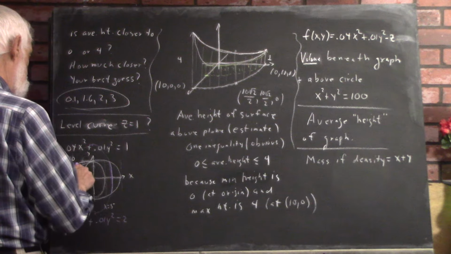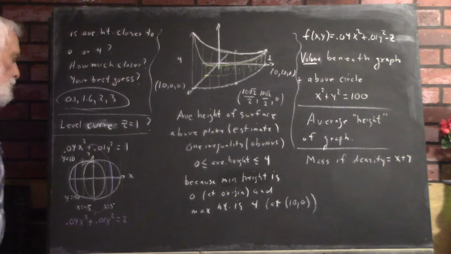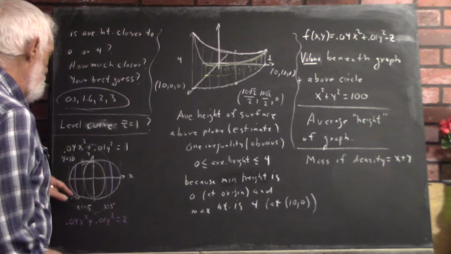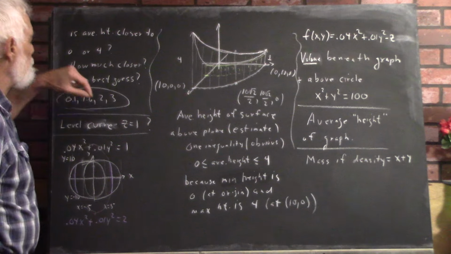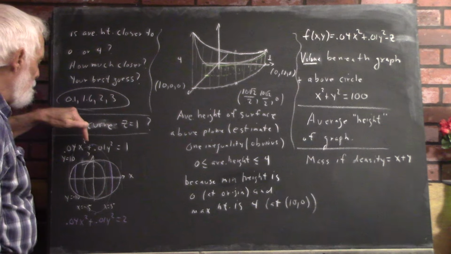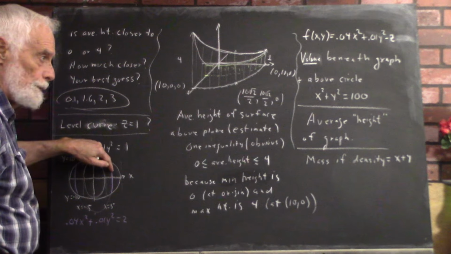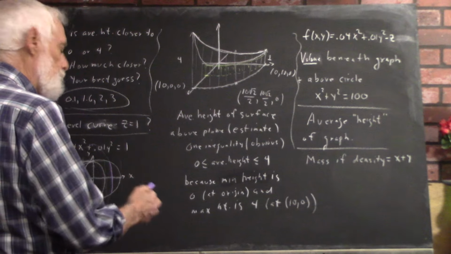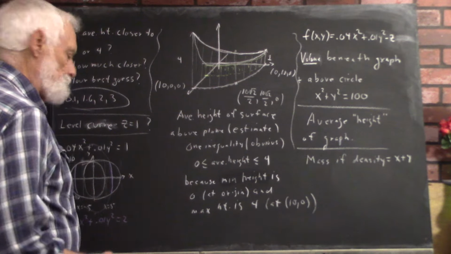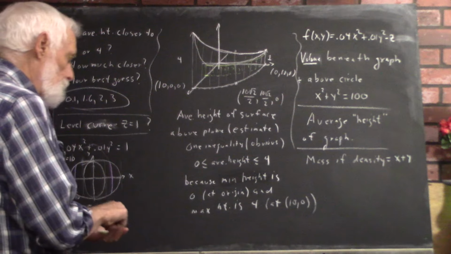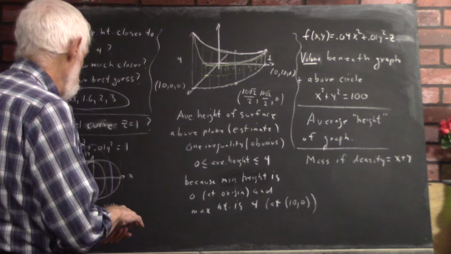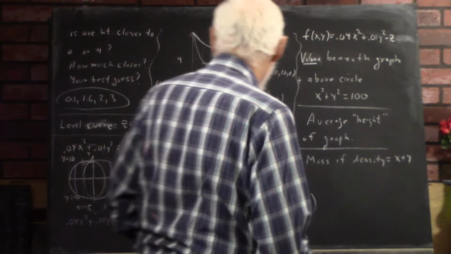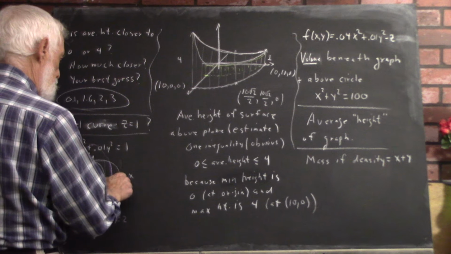But the part of the ellipse that's within the circle shows you the region of the circle where the height is between 1 and 2. Then we could do another ellipse for 3, and that would actually come out to about here.